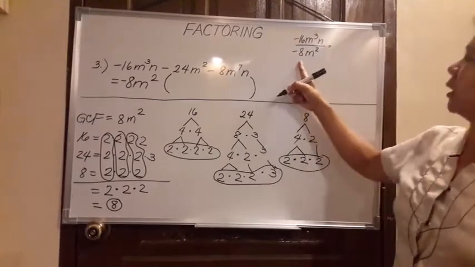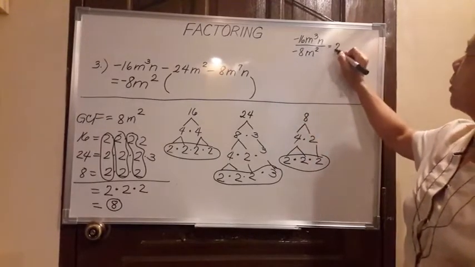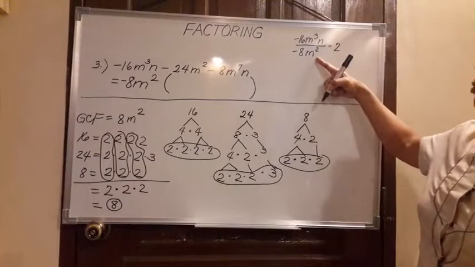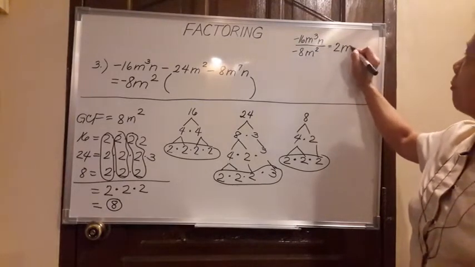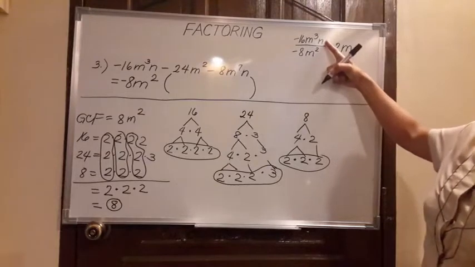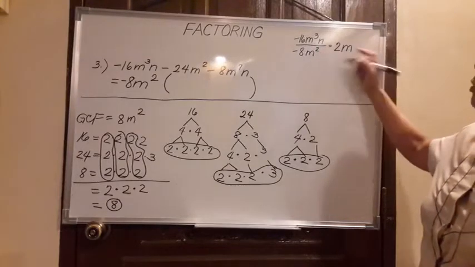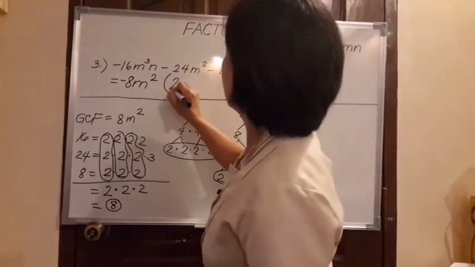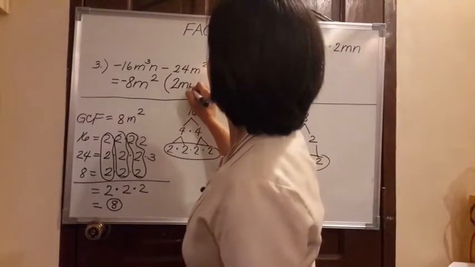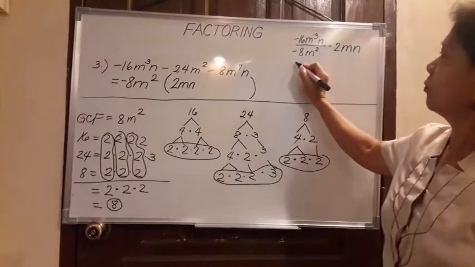Negative 16 divided by negative 8, the same signs, that is positive 2. Then m cubed divided by m squared, subtract their exponent, that is m. And then retain n. N divided by 1, this is understood to be 1, and that is 2mn. Positive 2mn.